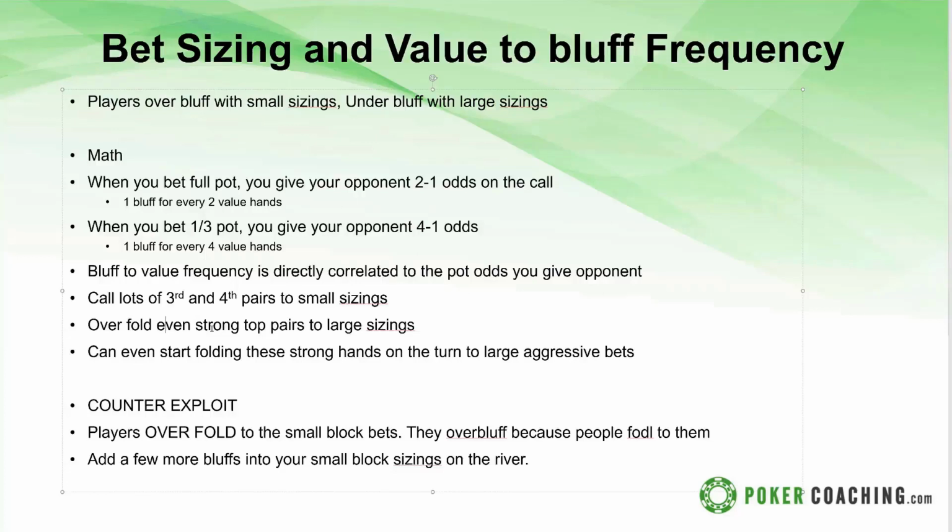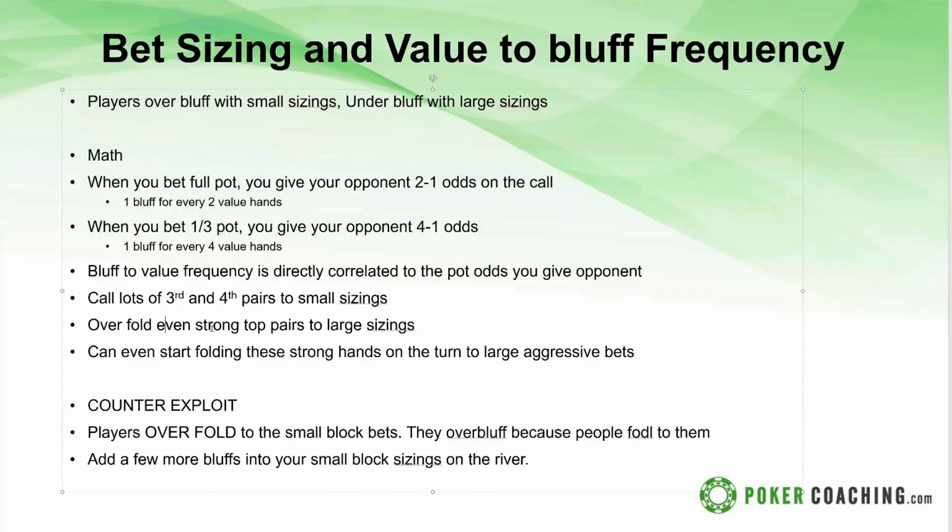And you should really just be only calling with hands that beat value hands. And you're going to be doing probably better as an exploit than if you call at the proper frequency. So, against large sizings, polar ranges, start overfolding to larger sizings with hands that don't beat hands that they're value betting.